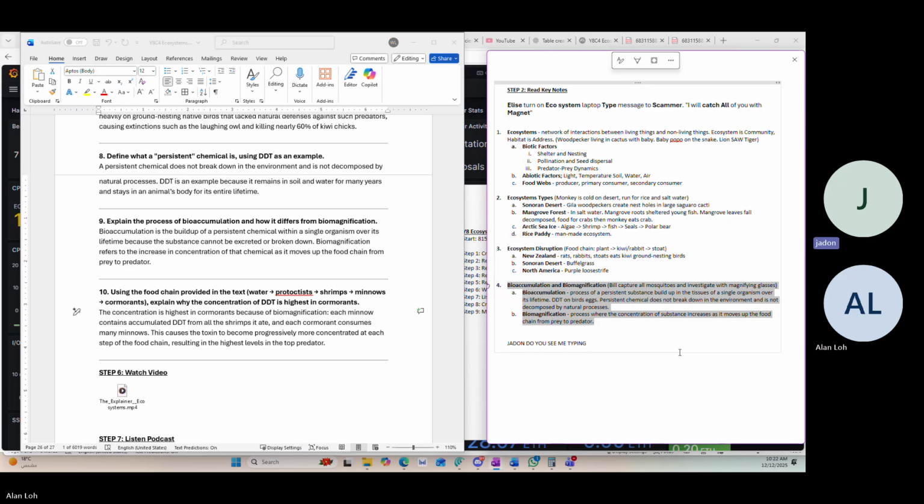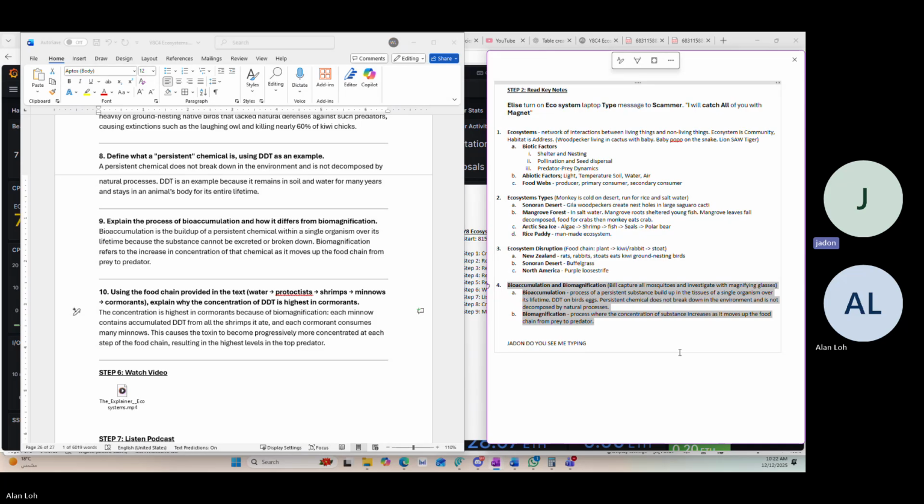Excellent. It's like the concentration of the substance. Let's say the water is poisonous, like some radiation, and then little plants eat it, and then the plants get eaten by bacteria. The bacteria has a higher concentration of the radiation than the water.